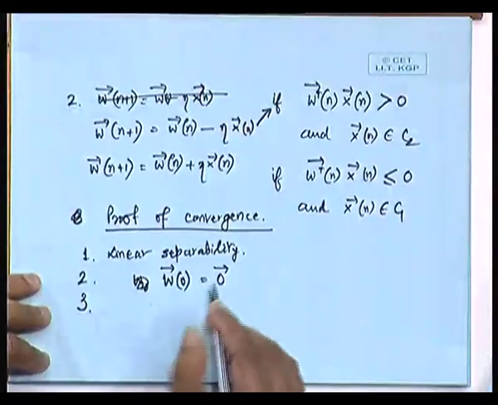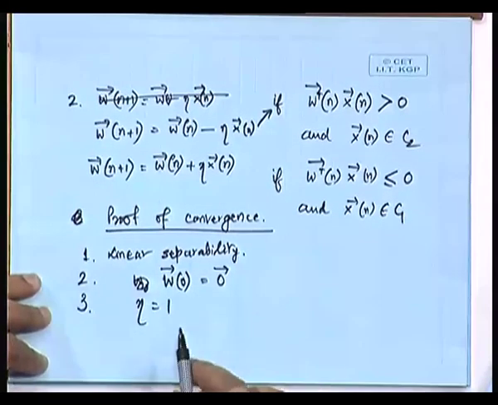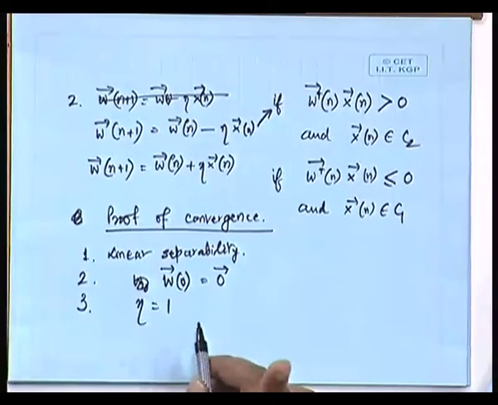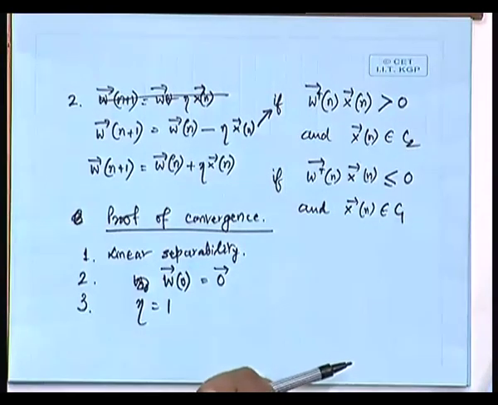The other assumption that we are making is that eta is equal to 1. Again this is for ease of analysis, and I should say that we are taking a more conservative case, because by now you have seen that when we take a smaller value of eta, the only price we pay is that the speed of convergence is very slow.